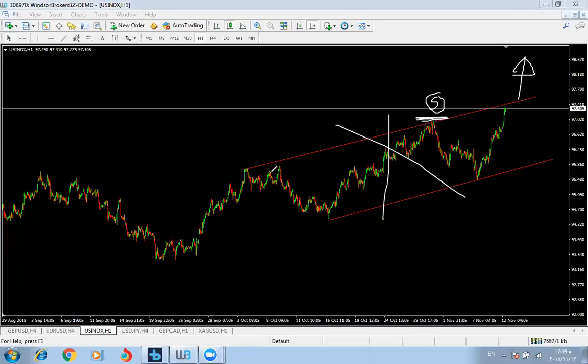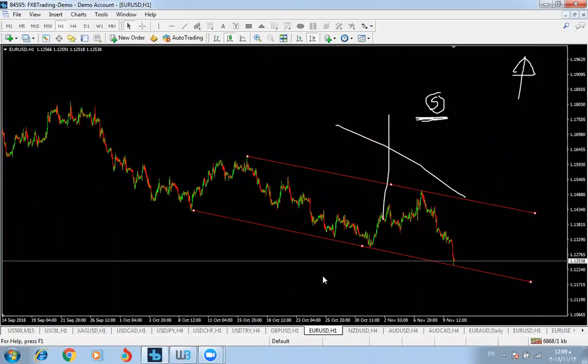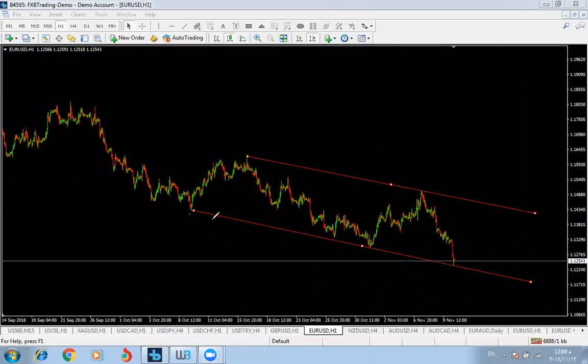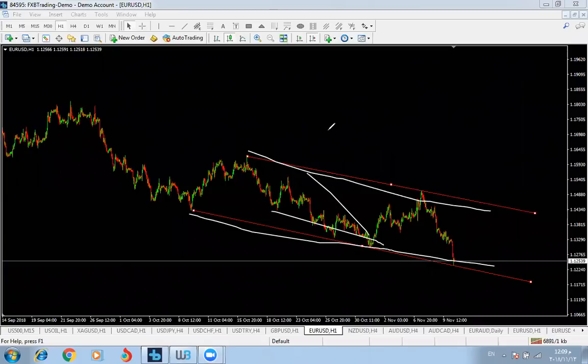The same thing applies to the euro. This could not be an ending diagonal, because first we have 5 waves, then we have a contracting diagonal in wave 3, and according to the rules and guidelines of Elliott wave theory, this should not happen.